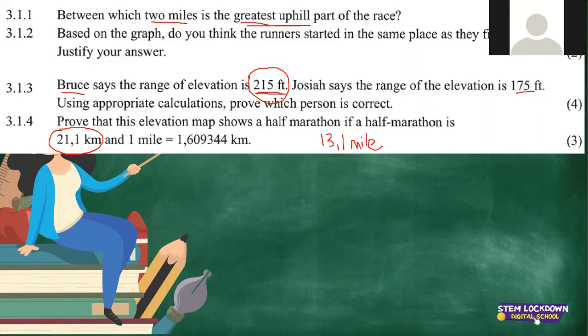So prove that this is a half marathon. Prove that this is approximately equal to 21.1 kilometers, right? Do calculations to prove that this marathon is approximately 21.1 kilometers. Use this conversion here, right?